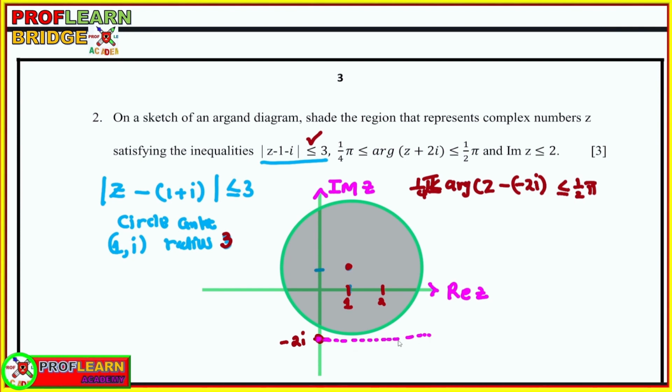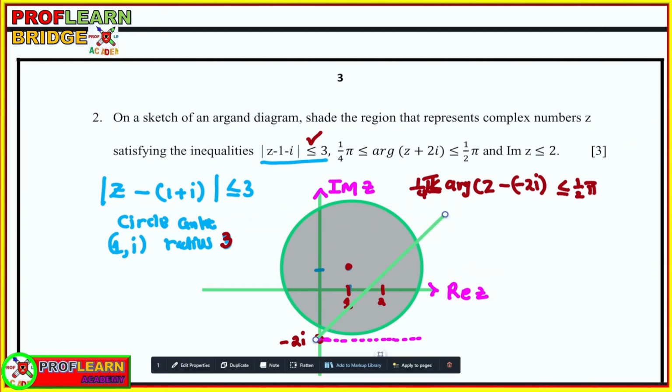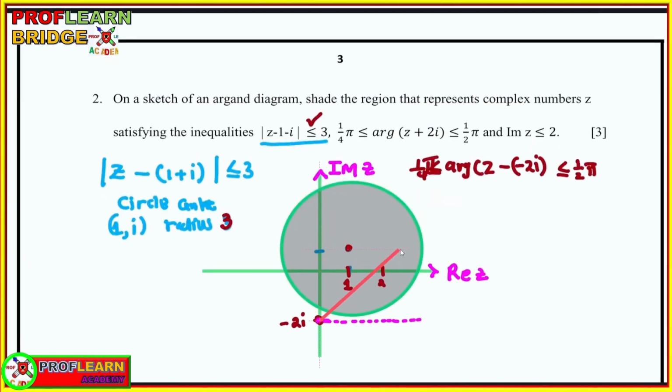The angle is going to sweep upwards a quarter pi. So this angle is going to sweep from the horizontal line upwards in the anti-clockwise direction. This is going to be our quarter pi one, and the vertical line is going to be a half pi. A half pi is 90 degrees, and a quarter pi is 45 degrees.